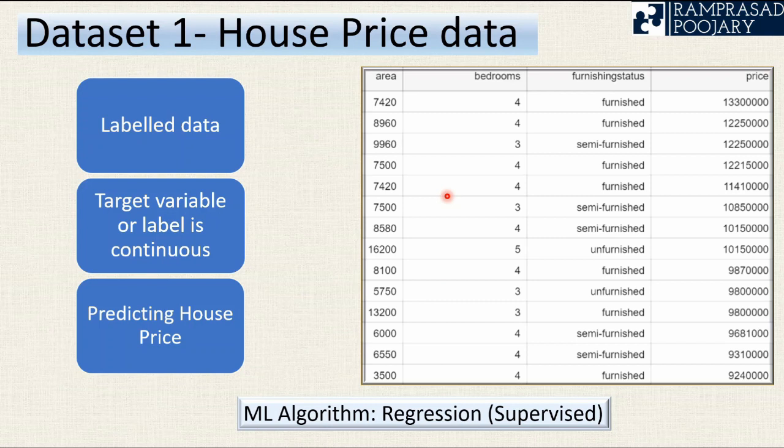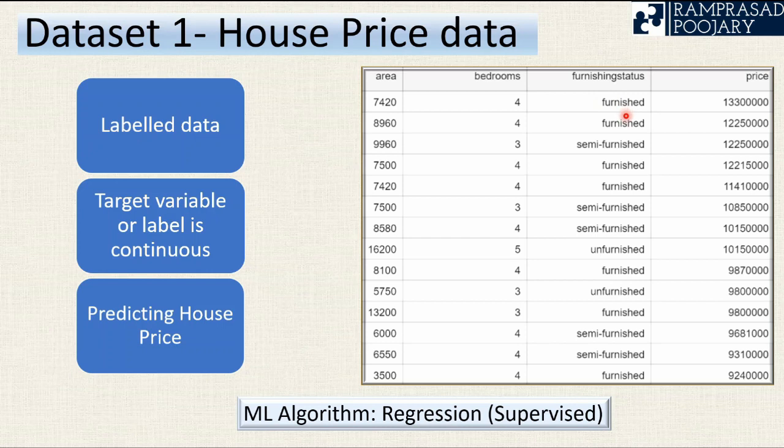So let us look at this particular slide. I have shown a sample of a house price data set. House price is a continuous variable, area is also continuous, in square feet, and price may be in US dollars. Bedroom is a categorical value, and then you have a furnishing status, which again is categorical and can take three different values.